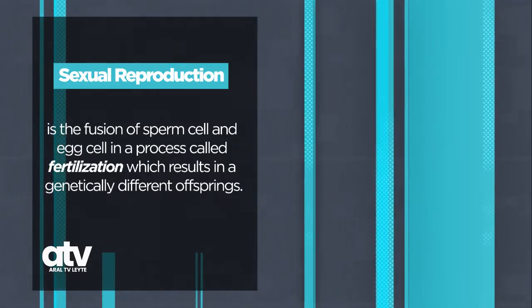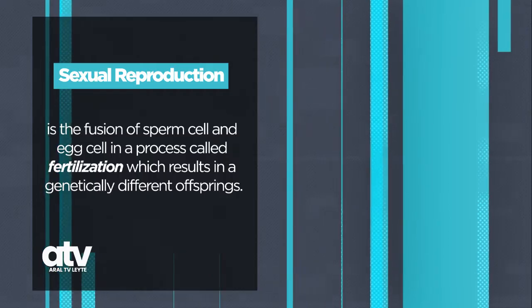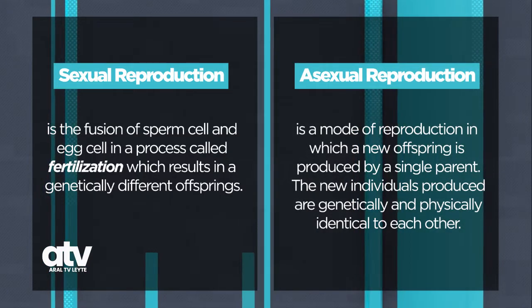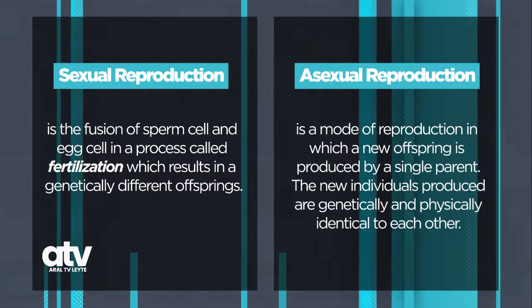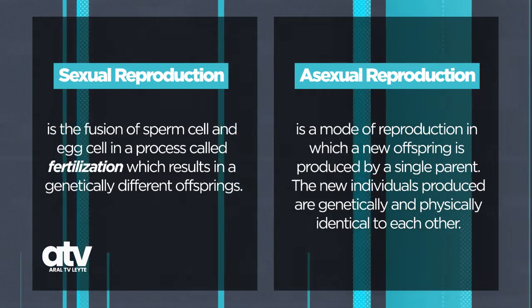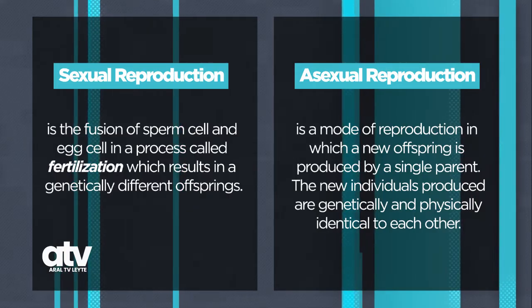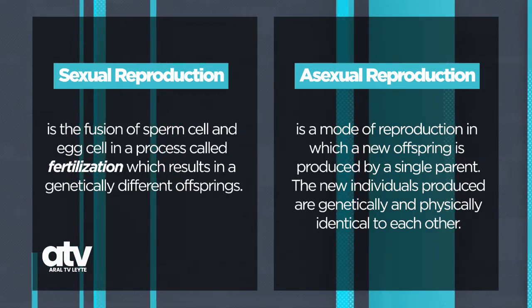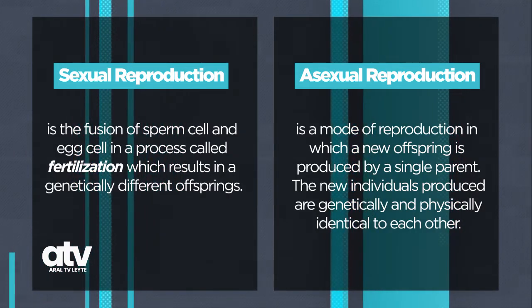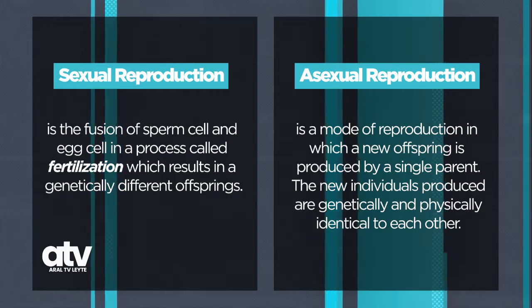How about asexual reproduction? Asexual reproduction is a mode of reproduction in which a new offspring is produced by a single parent. The new individuals produced are genetically and physically identical to each other.